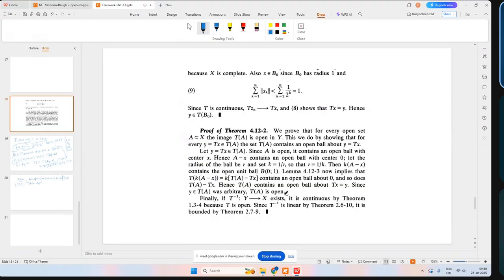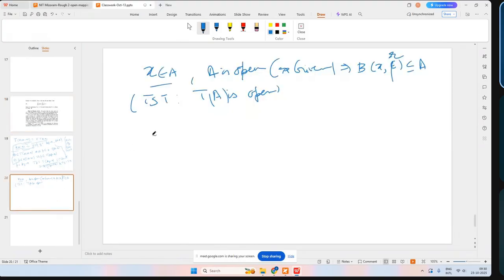What do you mean by TA is open? You take any point Y, you have to show that there is an open ball. So take any point Y, and call that Y equal to TX, X in A. That is because this Y is in TA. What do you mean by Y in TA? I mean, more of set theory.